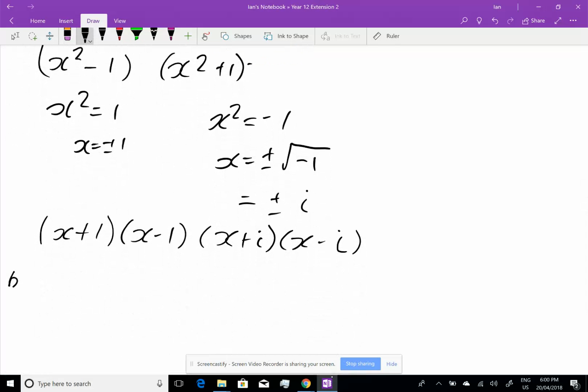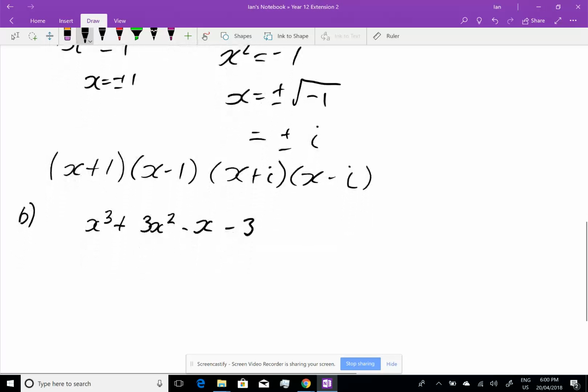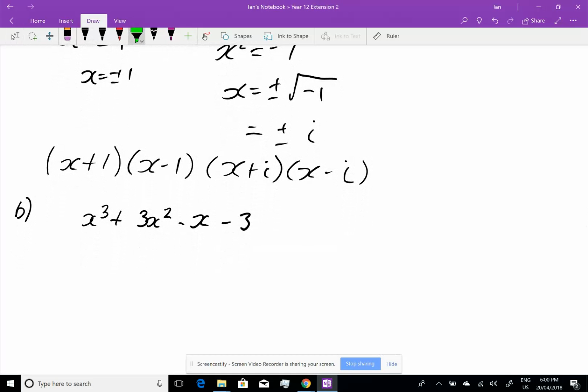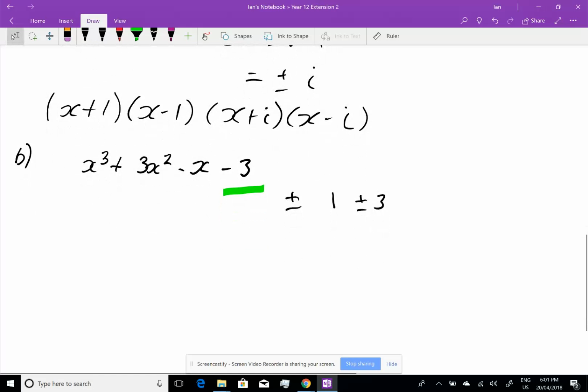And this is b. And it's x cubed plus 3x squared minus x minus 3. So how do I factorise that? Well, I'm going to look at this last number here, and I'm going to try to find some factors. So what am I looking for? I'm looking for plus or minus 1 or plus or minus 3. If there are integer factors, there may not be, but let's have a go.